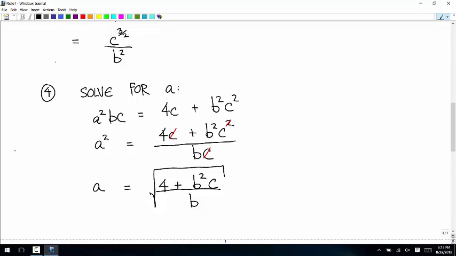Okay, what is it I'm missing? When you take the square root of both sides, what happens if a was -3? You'd square it and you get 9, and that would say that this is equal to 9, right?